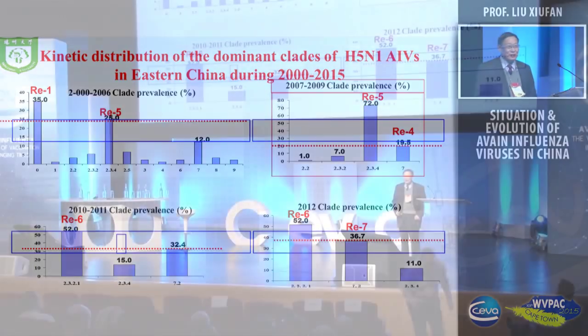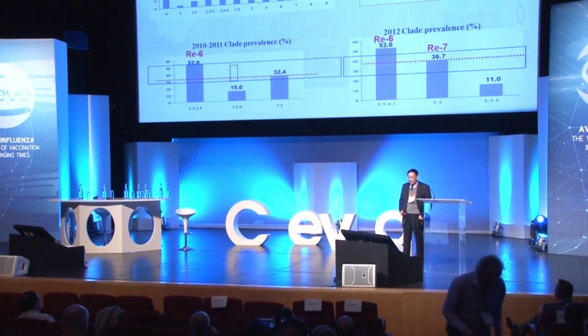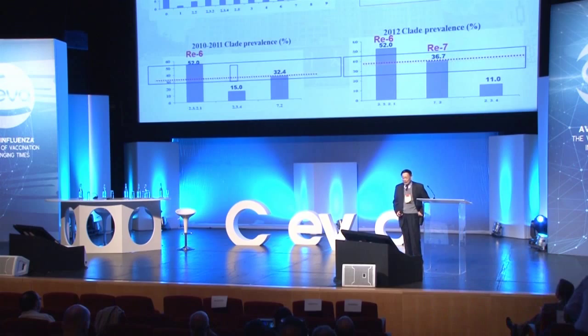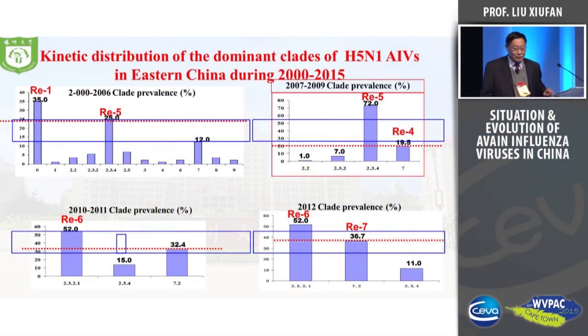During 2007 to 2009, the clade prevalence showed that clade 2.3.4 is the dominant one.